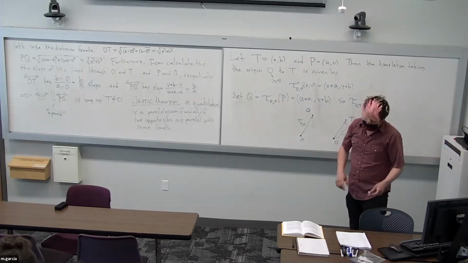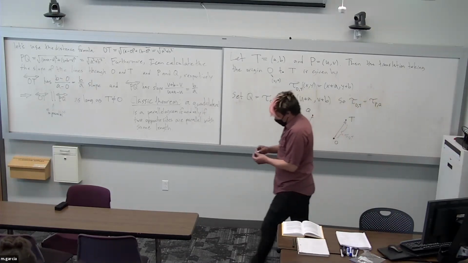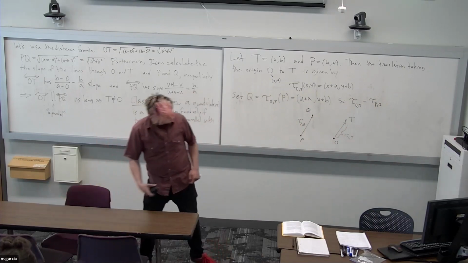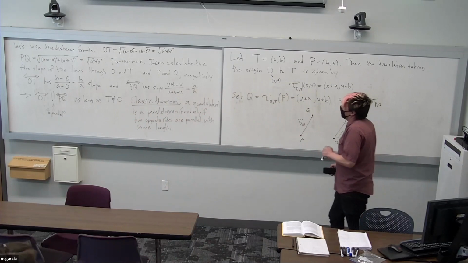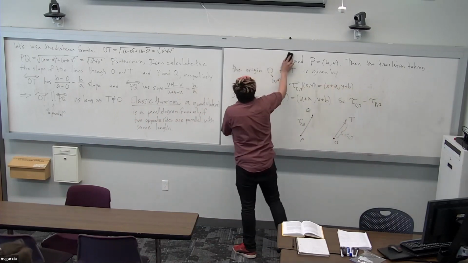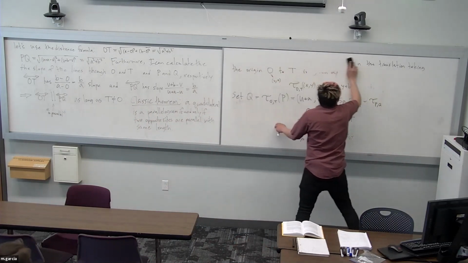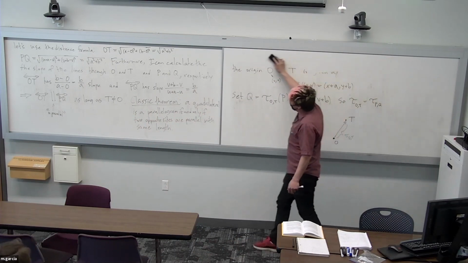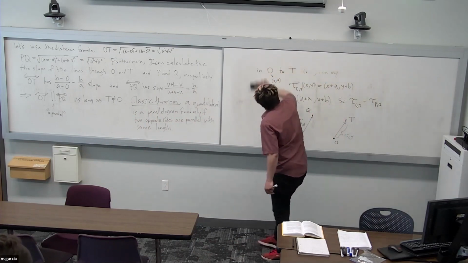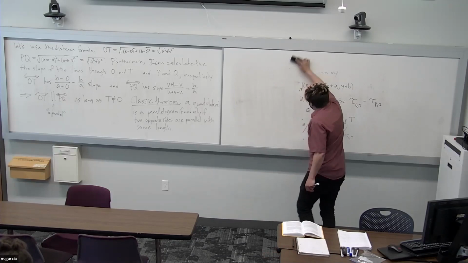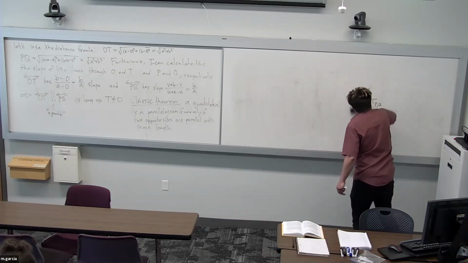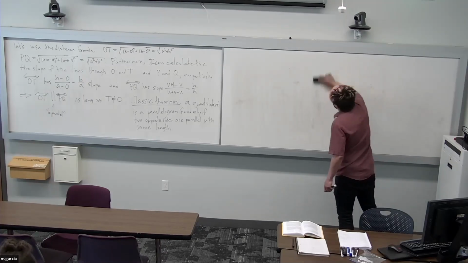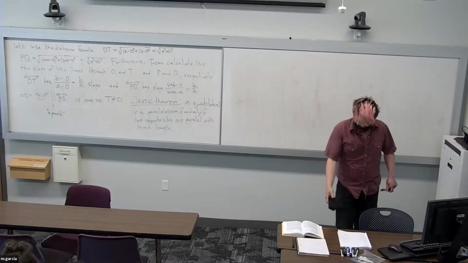Okay, so what have we shown? Well, one consequence of what we've shown is what I was saying at the outset of that derivation. Maybe I shouldn't have erased that.